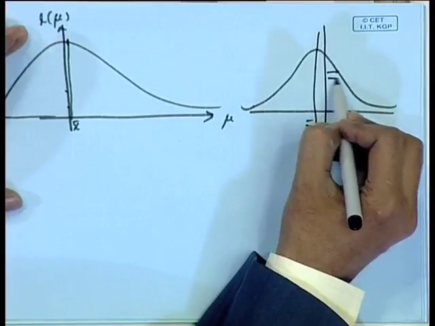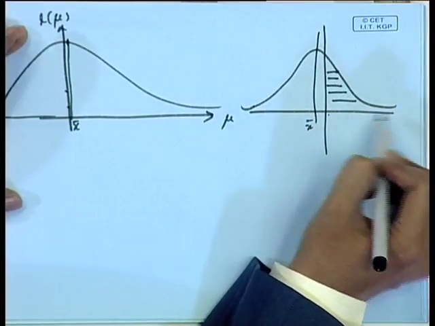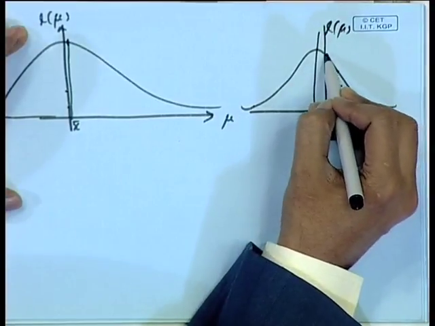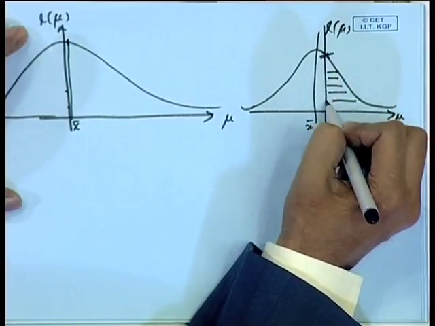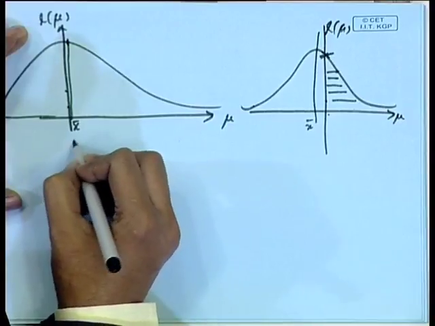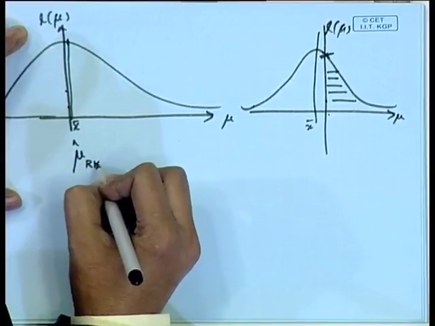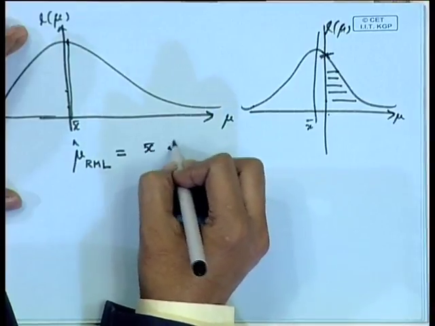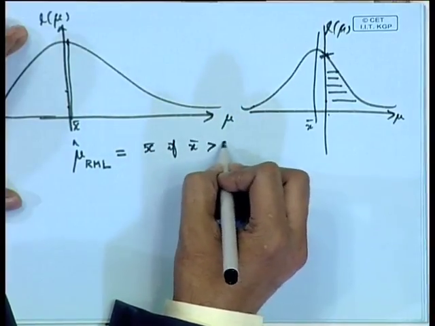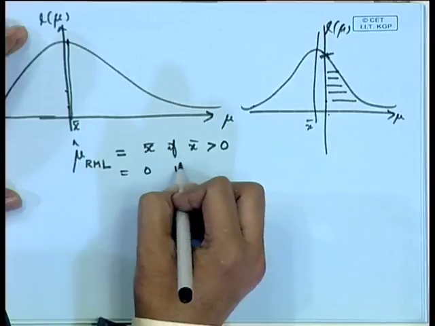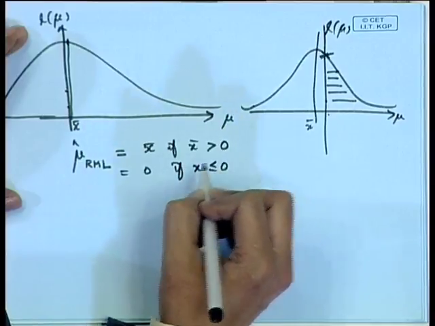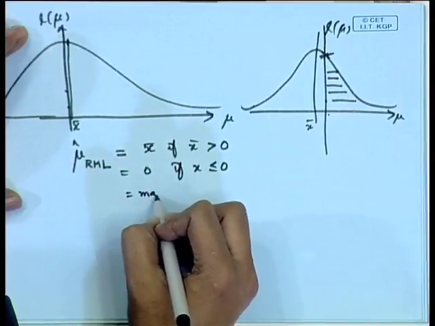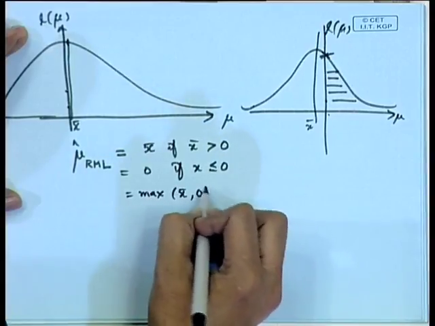So if the parameter space is this, then the maximum is occurring at 0 itself. So the restricted maximum likelihood estimator becomes x bar if x bar is greater than 0, and it is equal to 0 if x bar is less than or equal to 0, which we can call the maximum of x bar and 0.